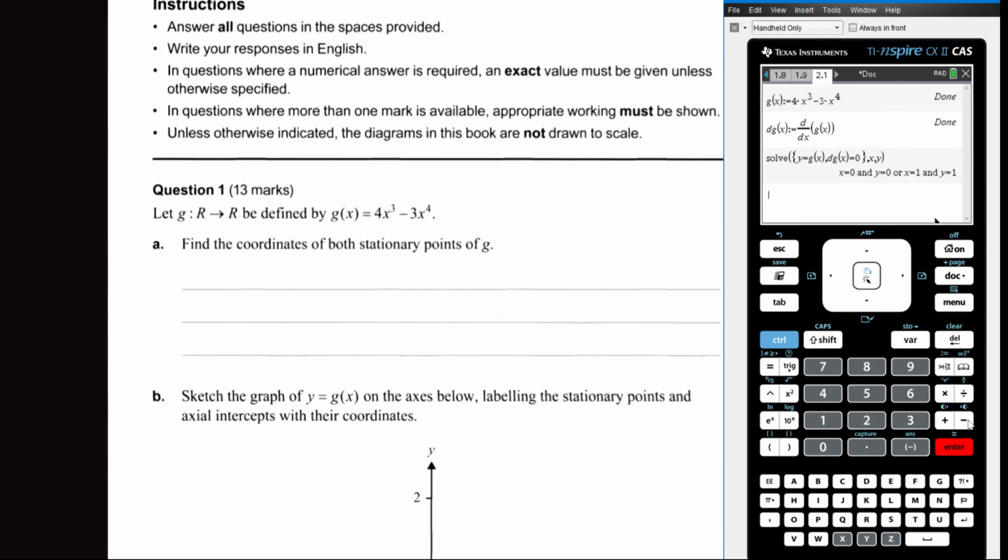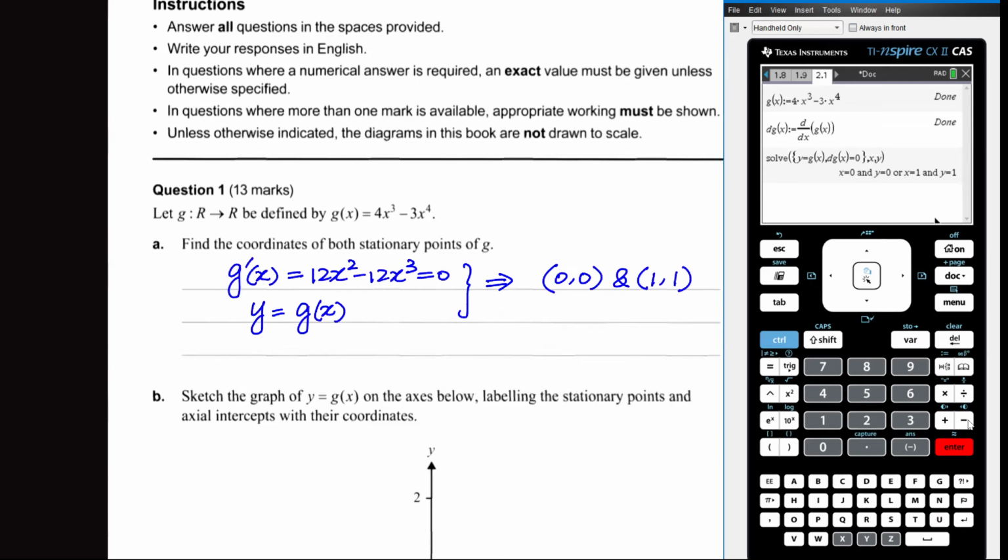Okay. Then we sketch the graph after we find the stationary points.